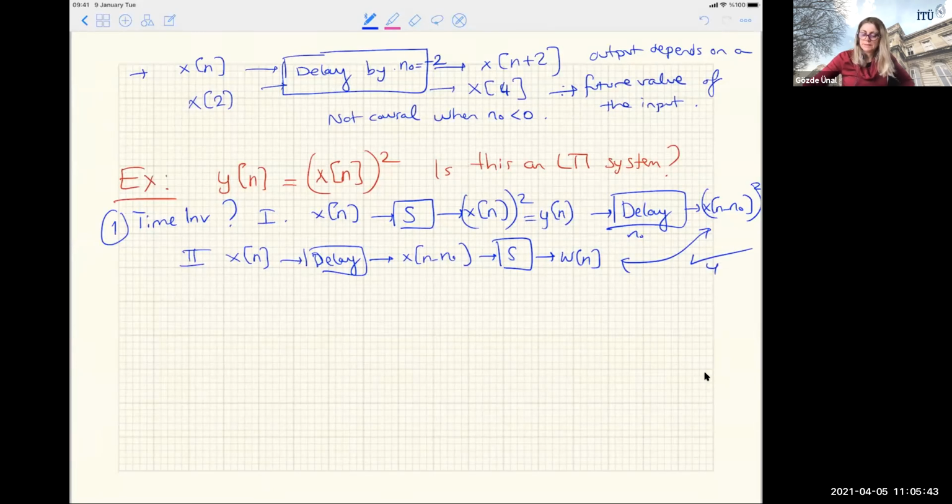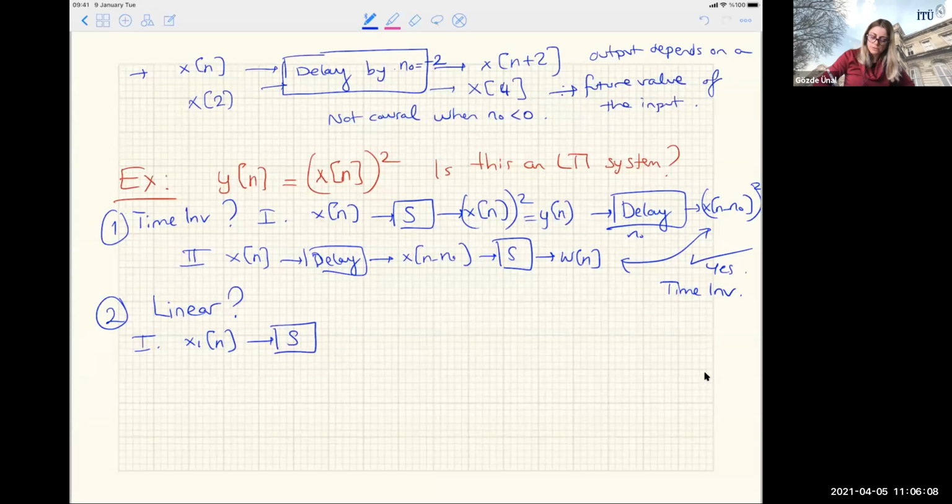Yes, time invariant. So I'm doing this example just for the sake of our notes quickly, but you can please ask anytime. Is it a linear system? Guys, what is your guess? Is it linear?